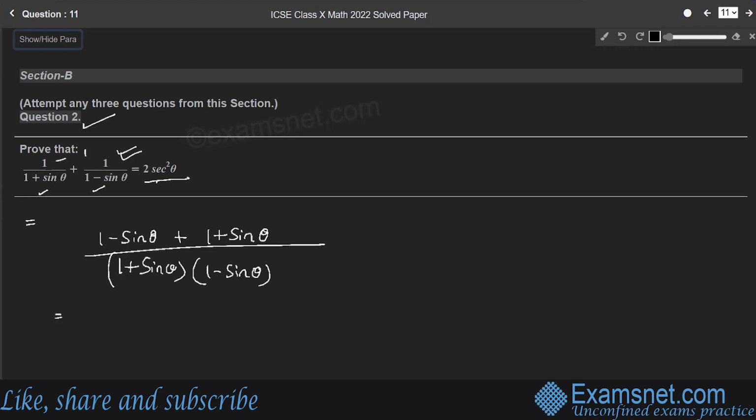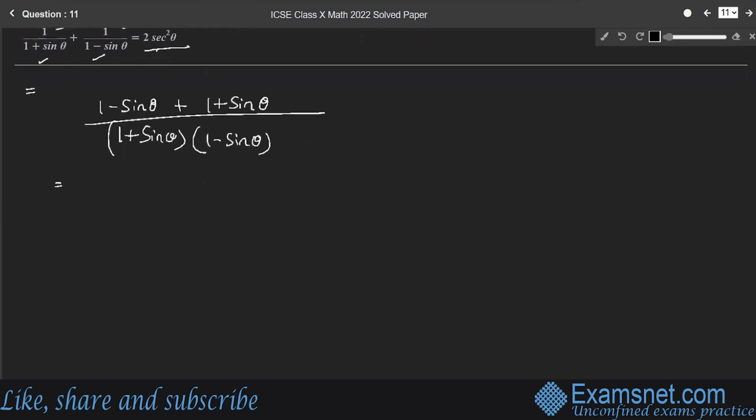We need to prove LHS is equal to RHS. So LHS is equal to, here the denominator is in the form of (a plus b) into (a minus b), which is a square minus b square. Therefore, the denominator can be written as 1 square minus sine square theta.